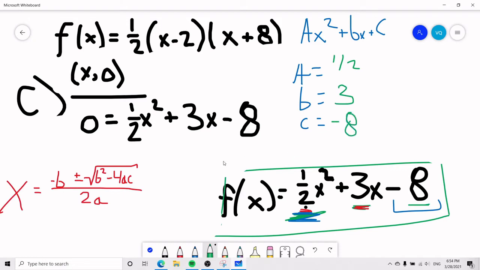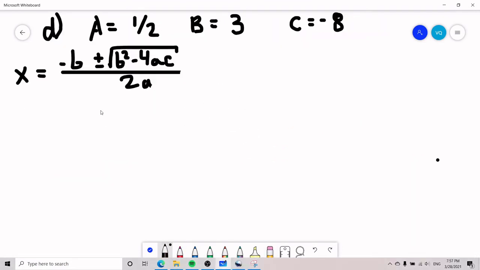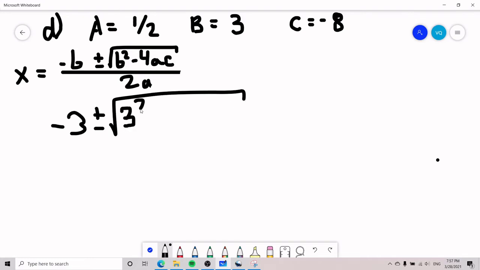And although this takes a little bit to actually plug in, it is something that always works. So I go ahead and plug everything in, and we know that minus b is going to be -3, plus or minus, for b squared, we're going to have 3 squared. For minus 4ac, we have minus 4 times a, which is 1/2, times c, which is -8.